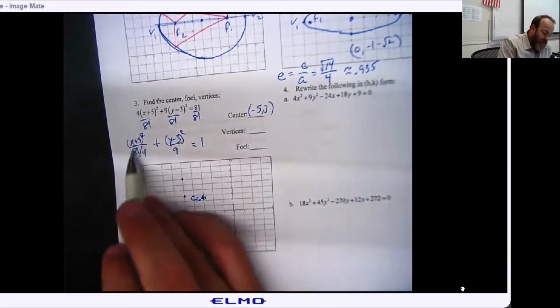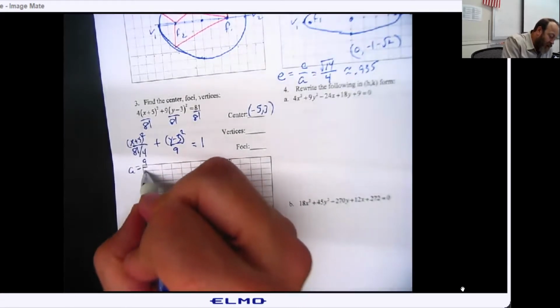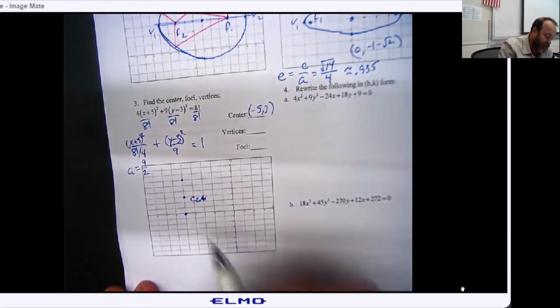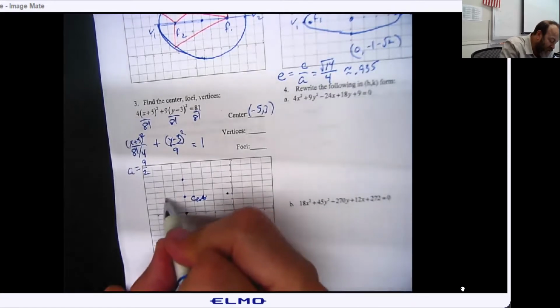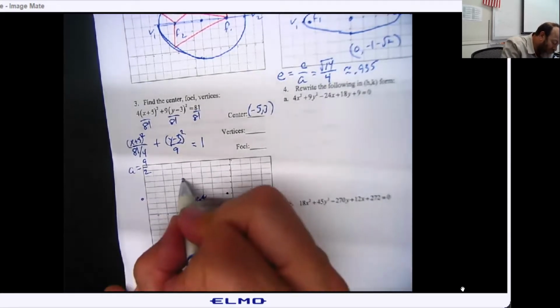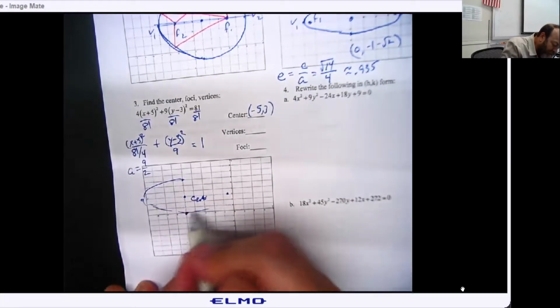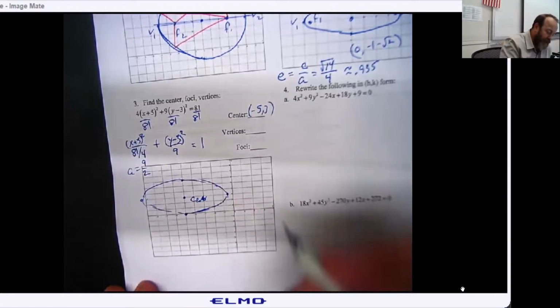Now, this value, A, is going to be the square root of 9 over 81 quarters, which is 9 over 2. So that's 4.5. 2, 3, 4.5. 1, 2, 3, 4.5. Way out here. Again, slightly eccentric ellipse. Once we get that, we can usually kind of play connect the dots.